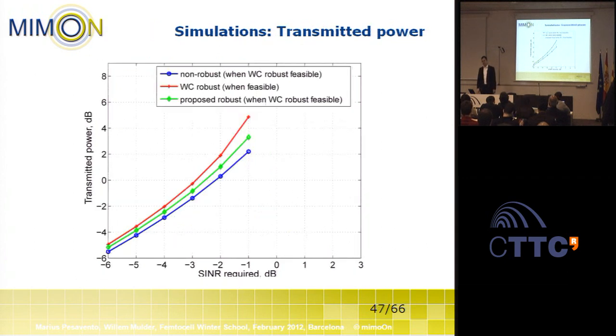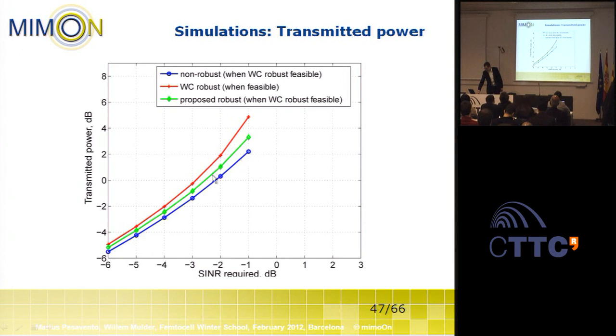mismatch. This, however, comes at a price that we need to pay. As I said, we have these additional penalty terms for the robustness. So feasibility, problem robustness comes at the price of increased transmitted power.